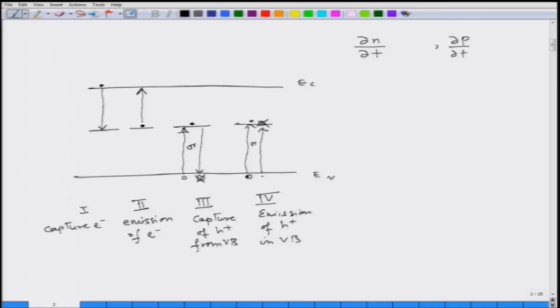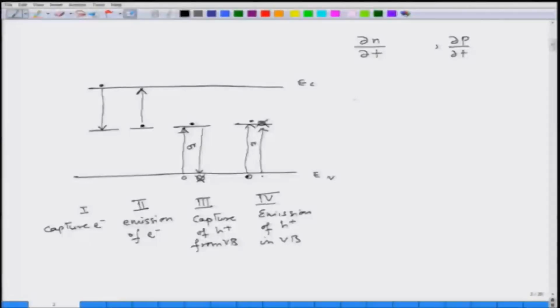So, these are the basic 4 processes that an RG center can get involved in, and we are interested in looking at the overall effect of both recombination and generation together. What would be the net effect on the change in the carrier concentration? So, if I am trying to mathematically represent it, I can represent the change in the electron concentration because of this RG center, this one particular one which we are considering right now.